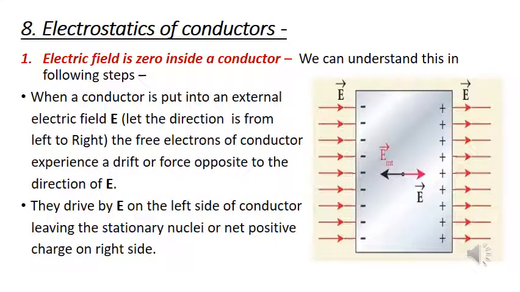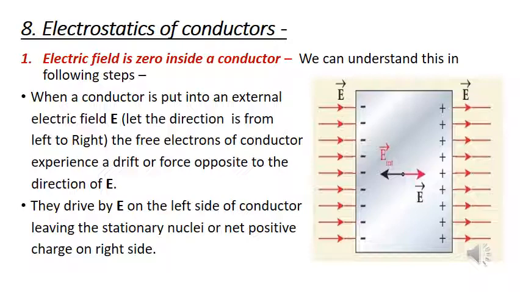Second topic is electrostatics of conductors. In this topic, we will study some electrostatic properties of conducting body, and there are 7 points in that. First is electric field is zero inside a conductor.